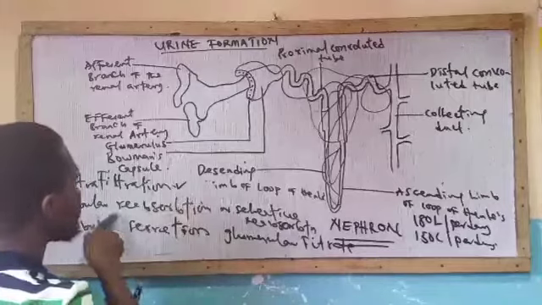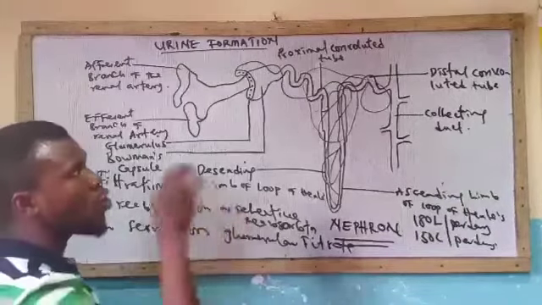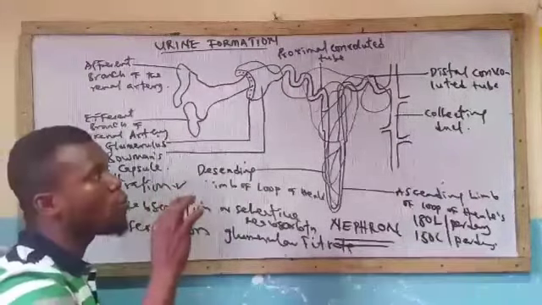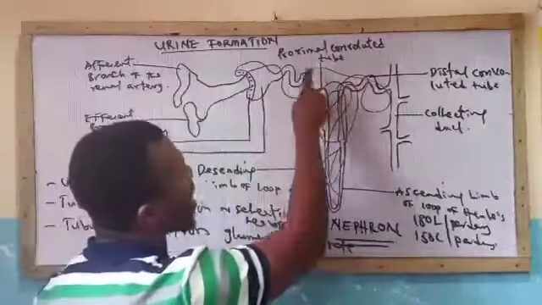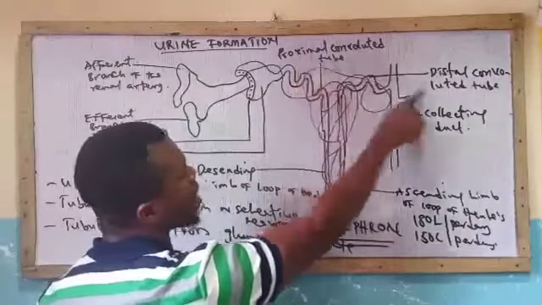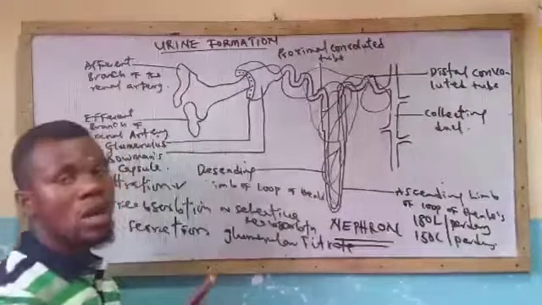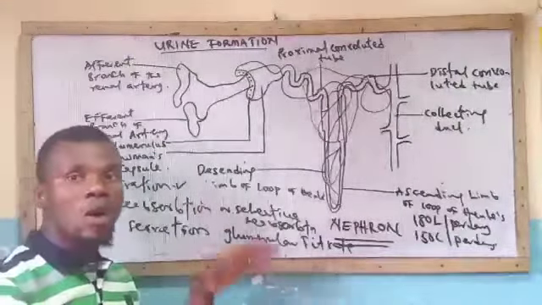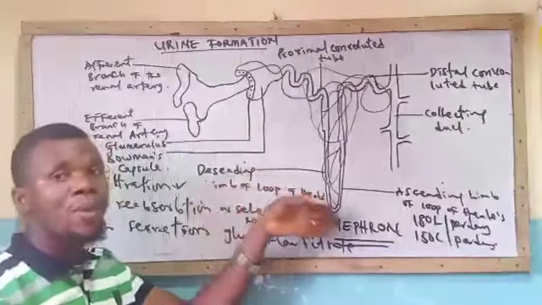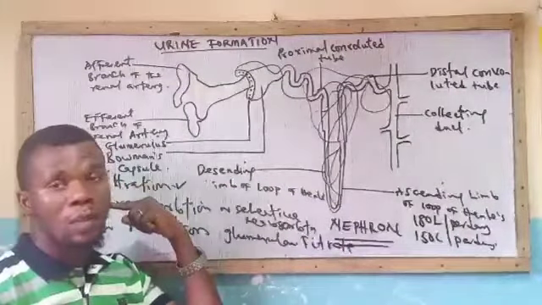Now, after the first process, known as filtration, that occurs at the Bowman capsule, the next process is called tubular reabsorption. It is called tubular reabsorption because it occurs at the proximal convoluted tubule and the distal convoluted tubule. At the proximal convoluted tubule, useful content is reabsorbed back to the circulatory system.